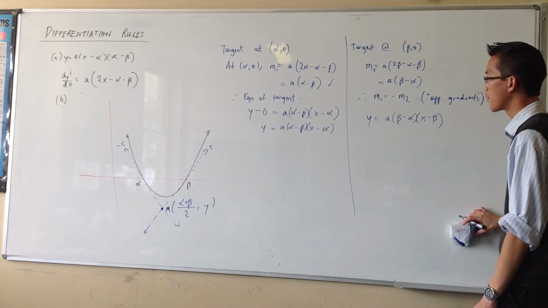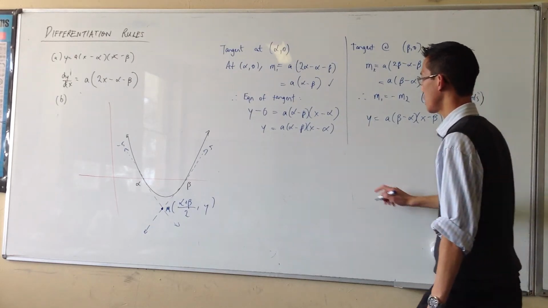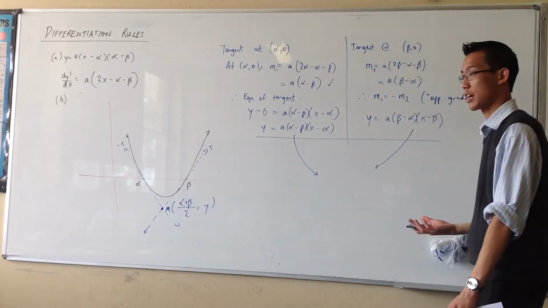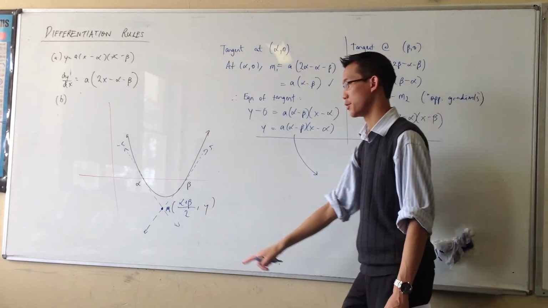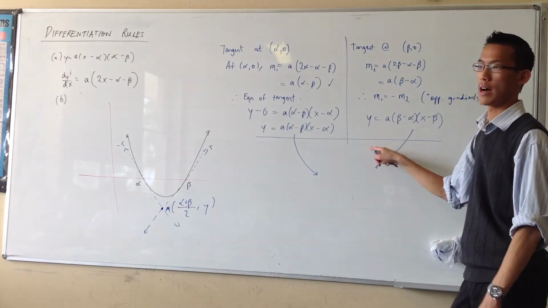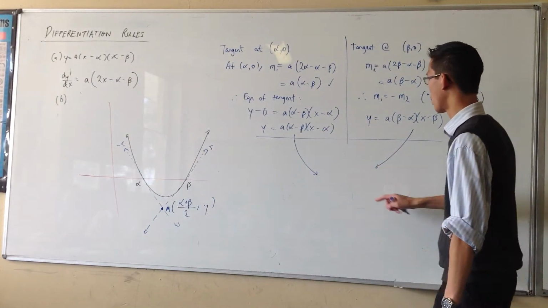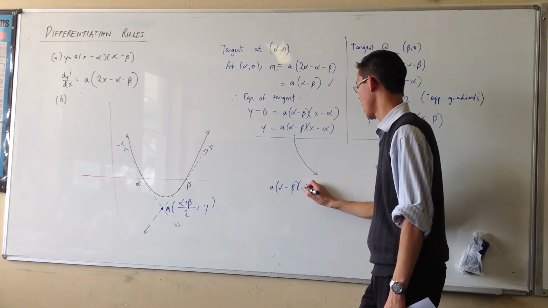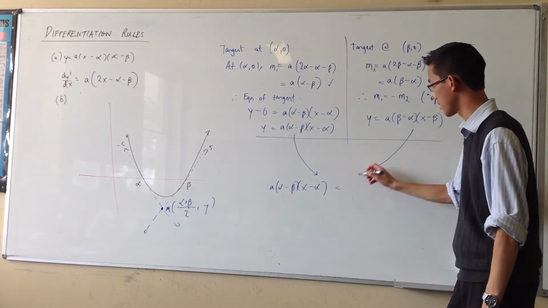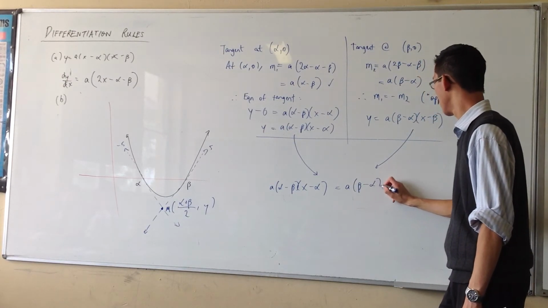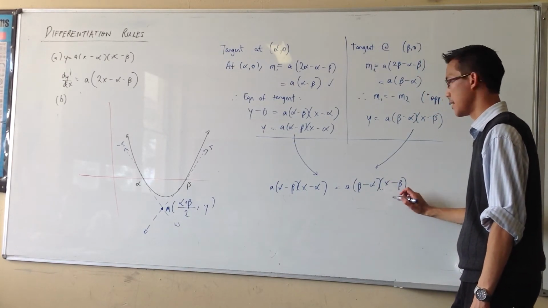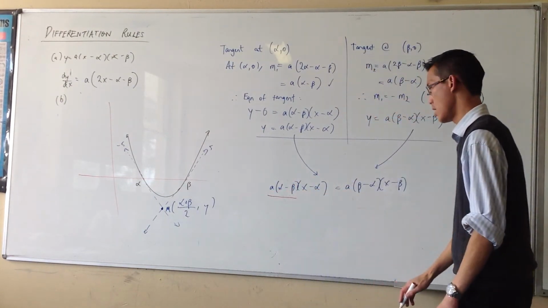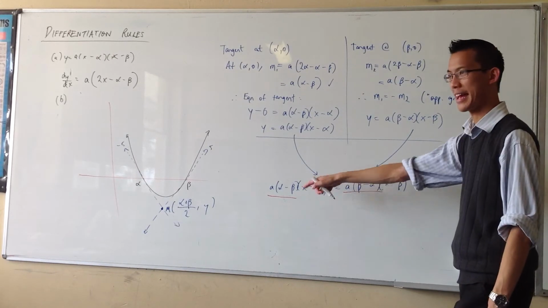Now I'm after a point of intersection, and I'm only interested in the x value. I'm going to equate my y's, then my equation will just be in x. So what do I have? I've got the right-hand side here, x minus alpha, and the right-hand side here, x minus beta. Don't forget, we said that this was m1 and this was m2, and they're just negative of each other.